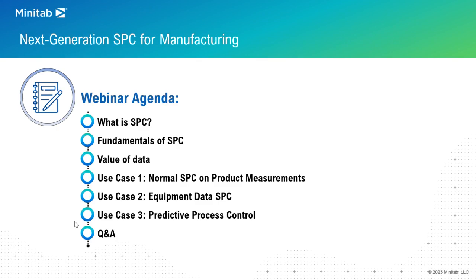We're going to talk about the value of data, and then we're going to jump in through a variety of use cases. Use case one is going to be normal SPC on product measurements. A second use case is using equipment data and doing SPC on that. And our third use case is going to be predictive process control, after which we're going to jump into a Q&A. You can ask questions at any time.